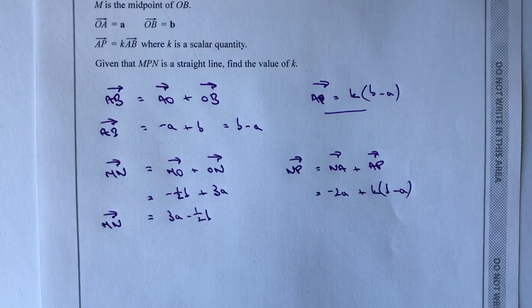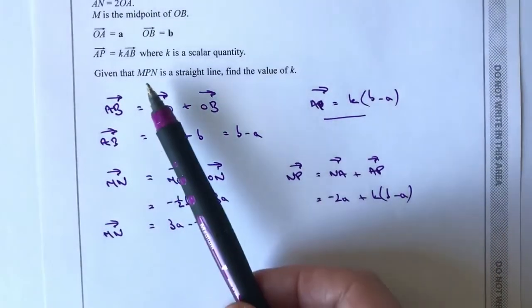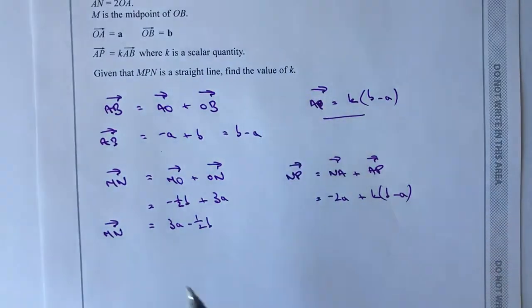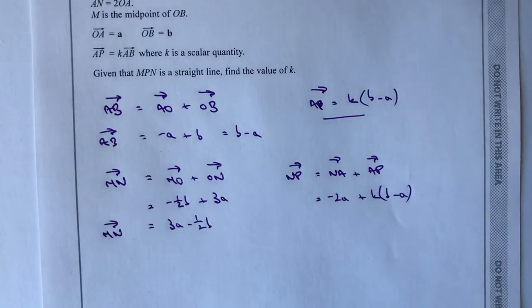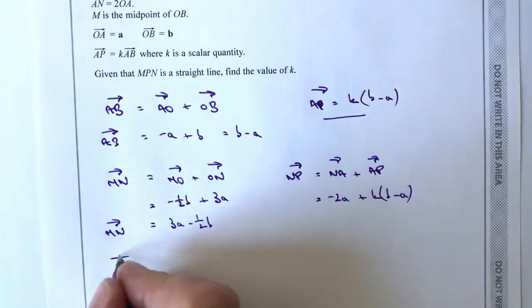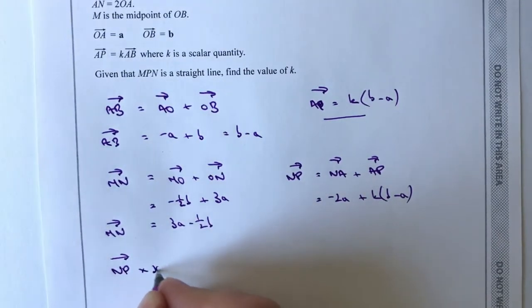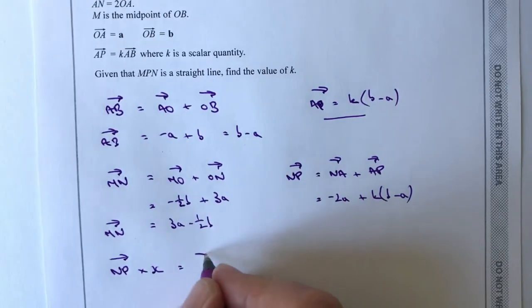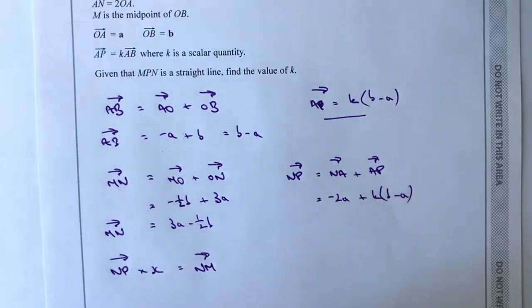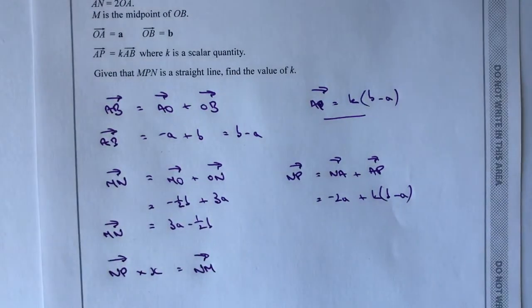Okay, so I hope we have anyway, because it tells us that MPN is a straight line, find the value of K. Well, if it's a straight line, what we can say is that vector NP multiplied by some coefficient equals NM. Okay? All right, so let's now have a look at NP.